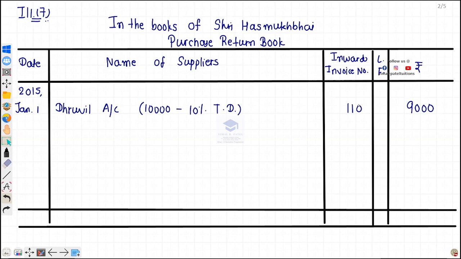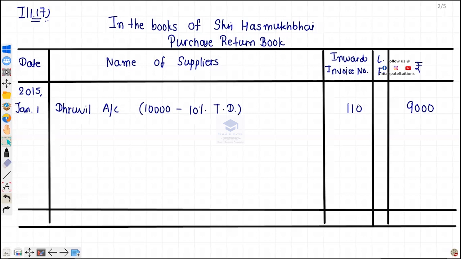Purchased goods of 4,000 from Komal at 10% cash discount. Credit 2 months. Now you have been given information regarding cash discount even though the transaction is credit. So cash discount is given just for confusion. You don't have to consider it, because cash discount will be considered only when the transaction is cash.